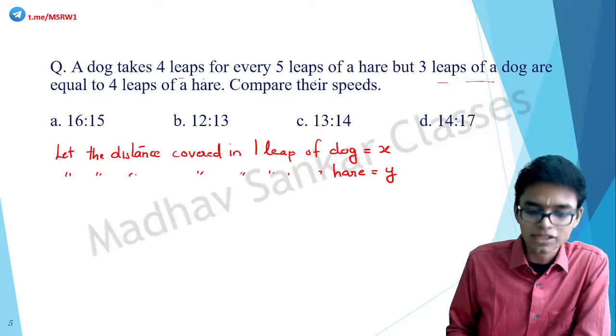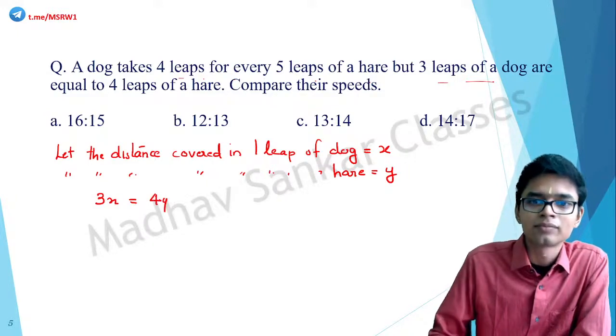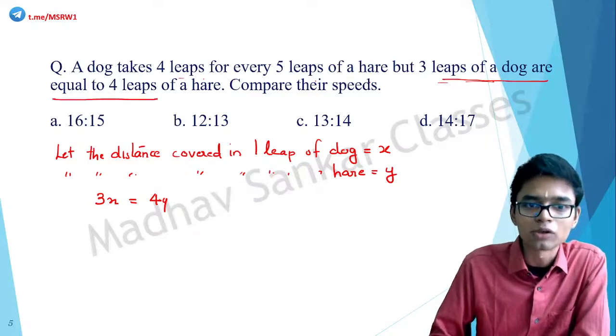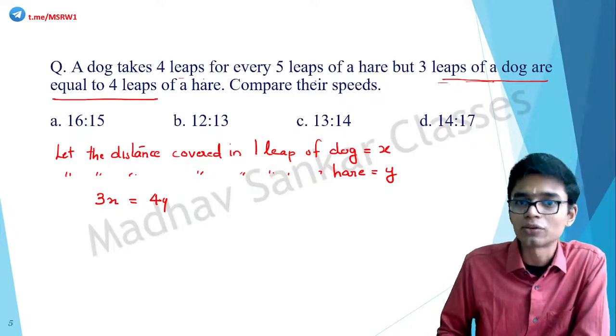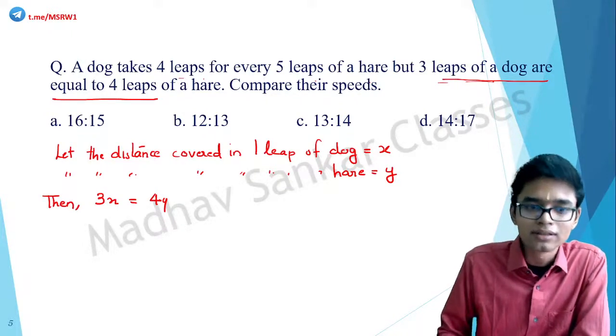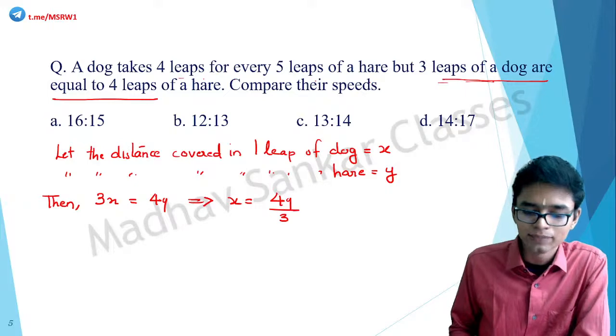So according to the question, 3x is equal to 4y. Correct? 3 leaps of a dog are equal to 4 leaps of a hare. So 3x is equal to 4y. Correct? This implies x is equal to 4y by 3. Also correct?